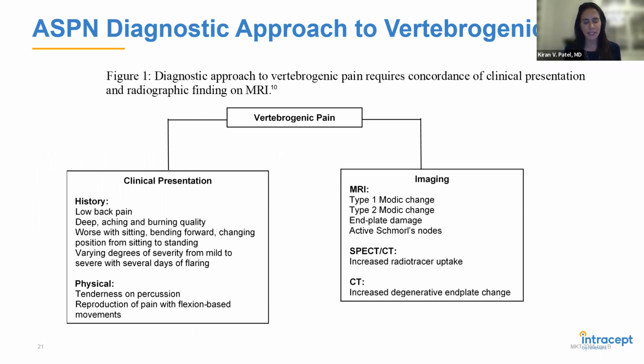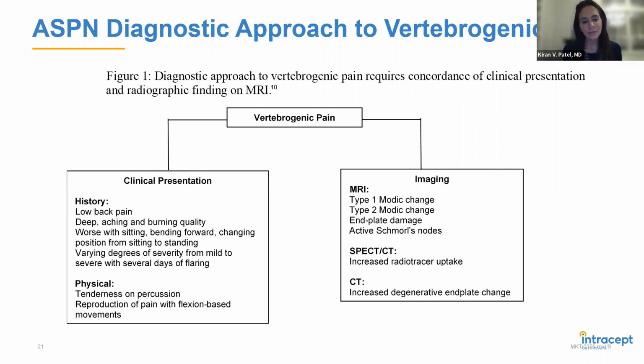This is an excerpt from the actual ASPN basivertebral nerve guidelines. Exactly summarizing what we talked about, we're looking for a history of low back pain greater than 6 months that has not responded, and may be described as aching, burning quality, worse with sitting, driving, forward flexion, any changes in position.